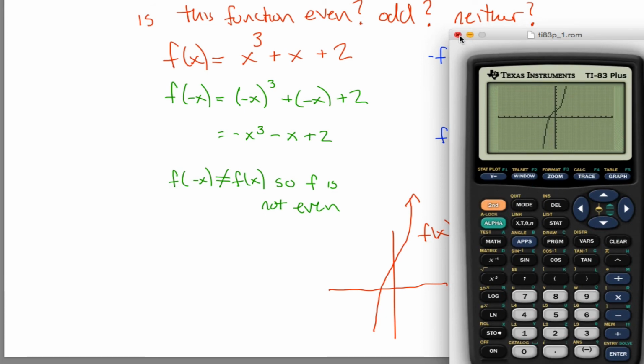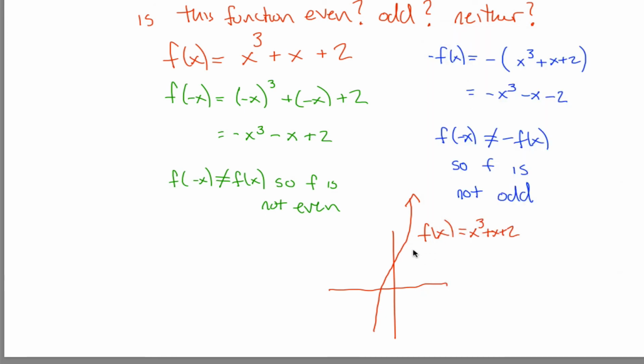If you stare at this, you can ask yourself, is it even? It's not even. The reason it's not even is because if I reflect this over the y-axis, I'd end up with this graph right here. And the blue dotted line did not fall right on top of the red line, so it's not even.